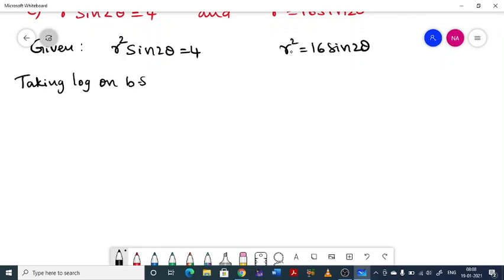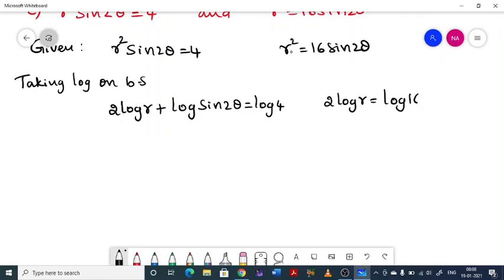Log r square I can write as 2 log r plus log sin 2 theta equal to log 4. Similarly this side, 2 log r equal to log 16 plus log sin 2 theta.